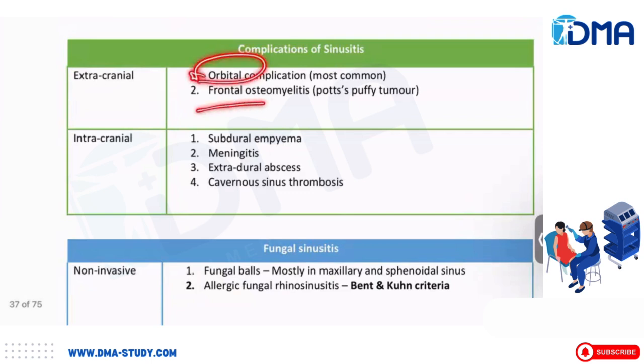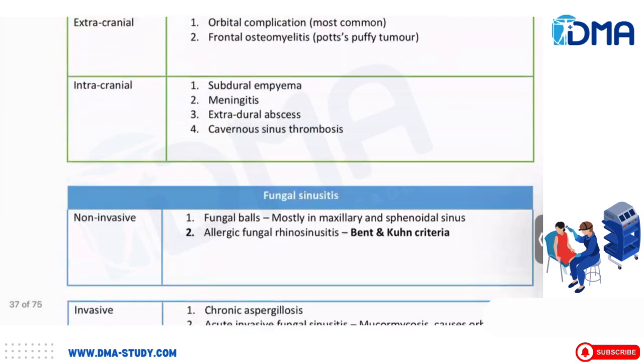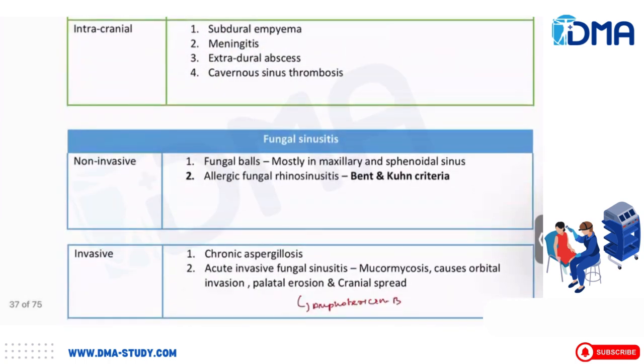Then frontal osteomyelitis is called Pott's puffy tumor. These two are the commonest extracranial complications. If it's an intracranial complication, it could be subdural empyema, meningitis, extradural abscess, or cavernous sinus thrombosis. Okay, so these are the complications.